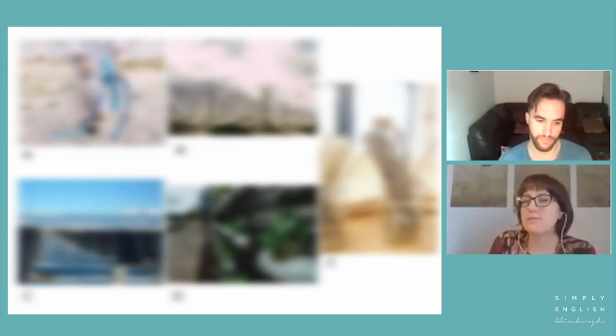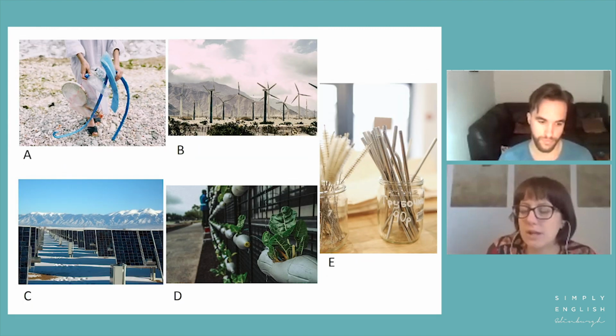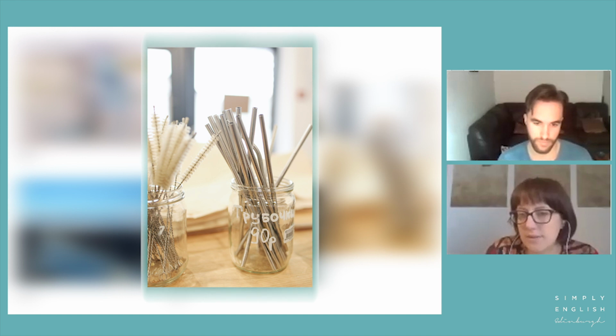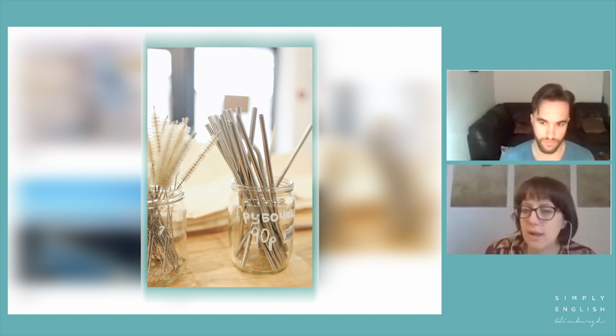But in the case of the local magazine, I think picture E speaks for itself, in the way that it is a small change that every single one of us could make to help the environment. By using reusable items, we are reducing a lot of residues, so it could make a big difference.